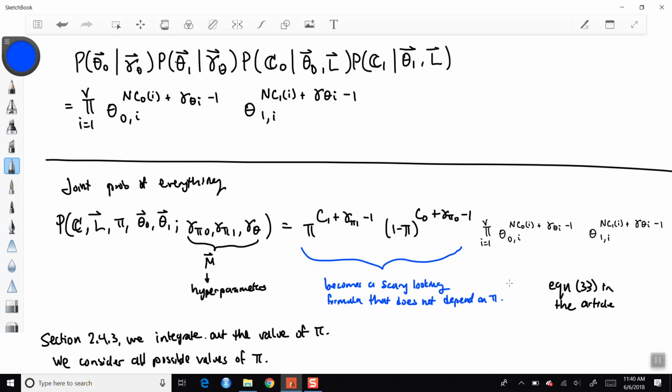It just depends on the counts, the prior document counts and the actual counts of the corpus. So now we only have this part to worry about. After integrating out pi, we successfully get rid of the pi's, and we get this crazy looking formula that does not depend on pi, but just on the prior counts.